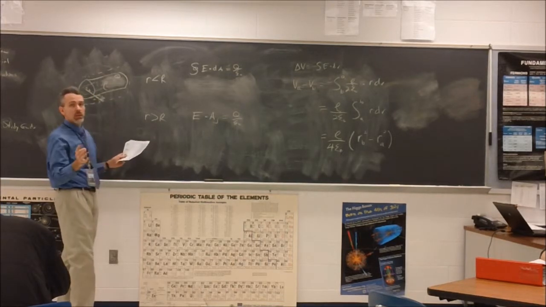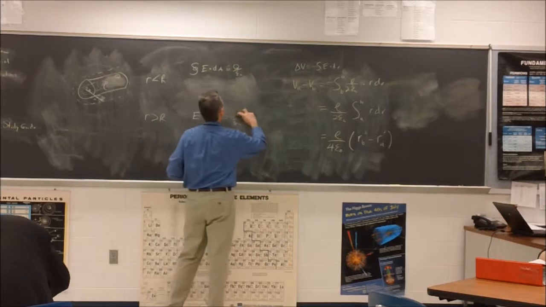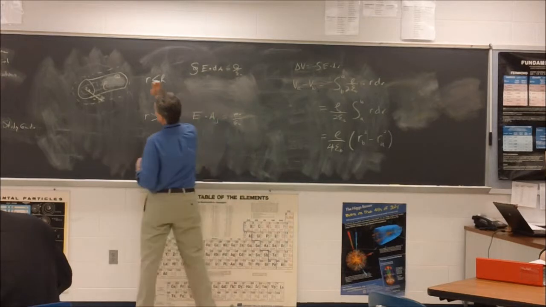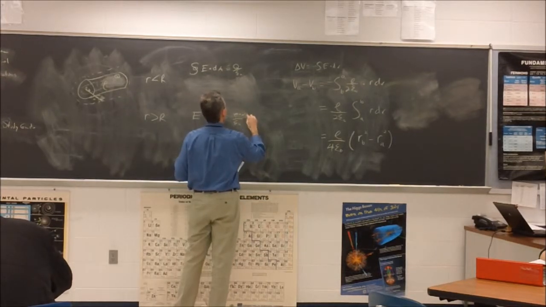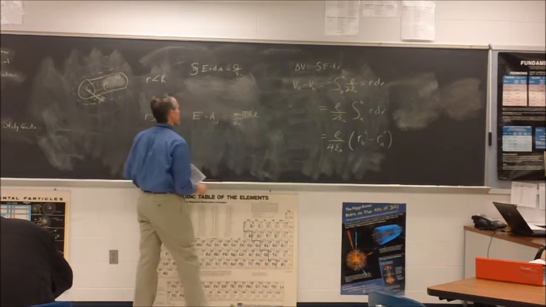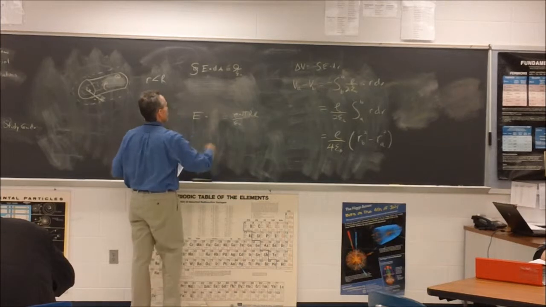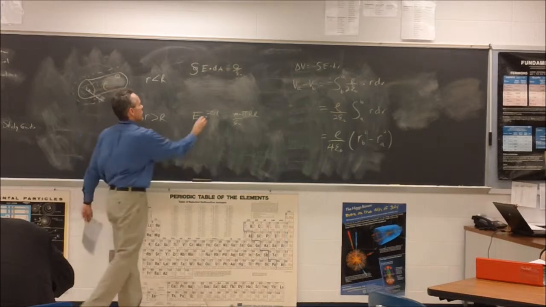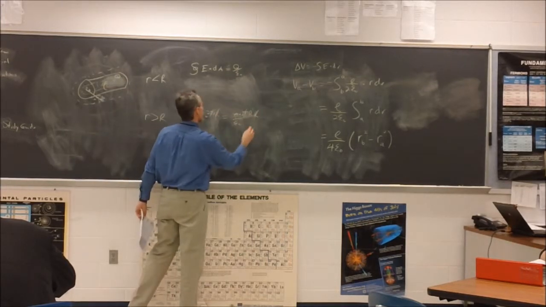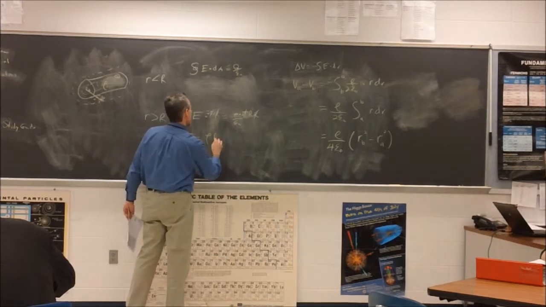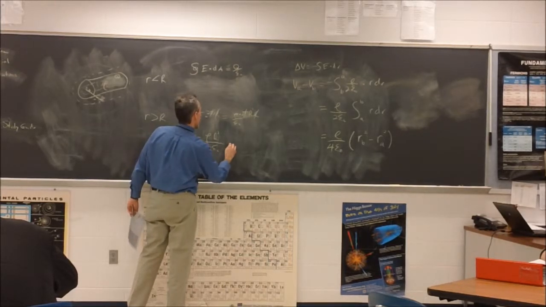Q enclosed is going to be rho times the volume of the cylinder, which is pi big R squared L. The area of the Gaussian is 2 pi little r L. The pi's cancel, the L's cancel, and so I get the E field is equal to the density times R squared over 2 epsilon naught times 1 over r.